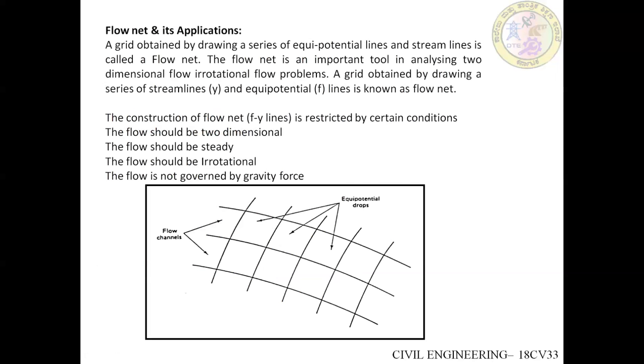The flownet construction is restricted by certain conditions. They are: the flow should be two-dimensional, the flow should be steady, and it should be irrotational. It should not be bound by gravity force.